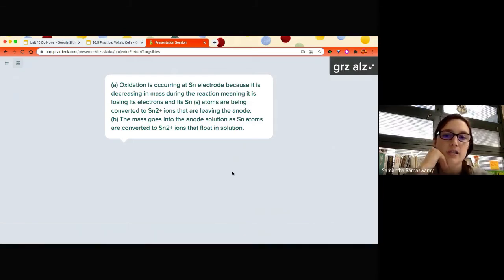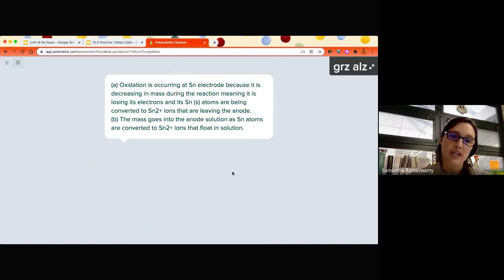Oxidation is occurring at the tin electrode because it's decreasing in mass during the reaction. Now, this next part is the most important because we're looking at the specifics. It's losing its electrons and the tin atoms are being converted to tin 2+ ions that are leaving the anode. So the tin solid is turning into tin 2+ ions that are now going into solution.